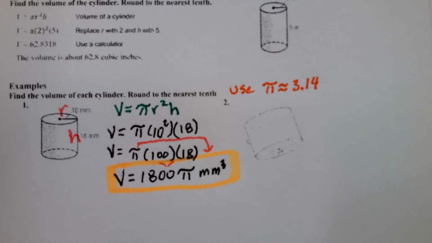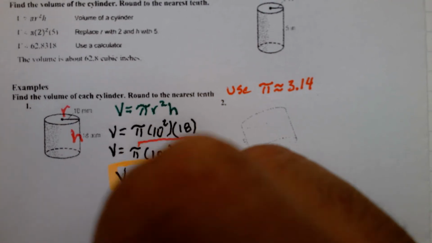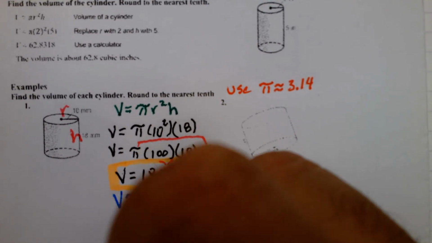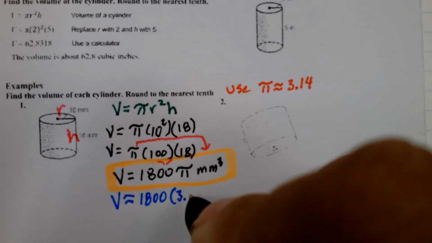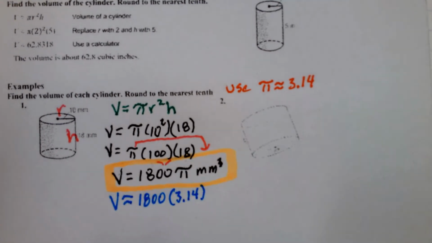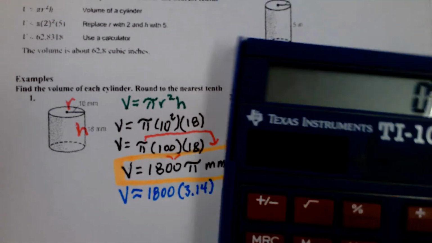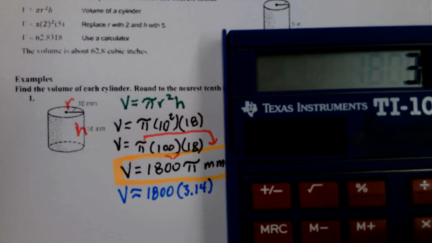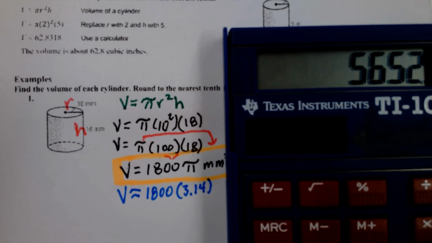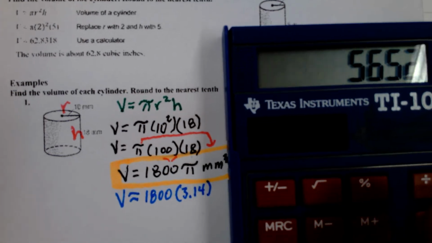So for our next answer, we're going to do volume is approximately 1,800 times, instead of pi, we're going to put 3.14. And now calculator time. We got to do 1,800 times 3.14. And look what I get. 5,652.